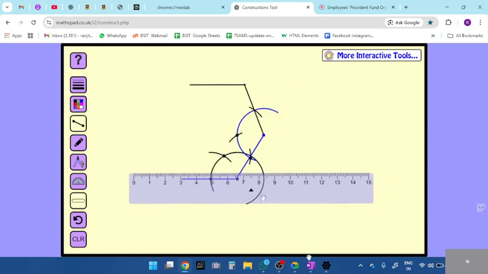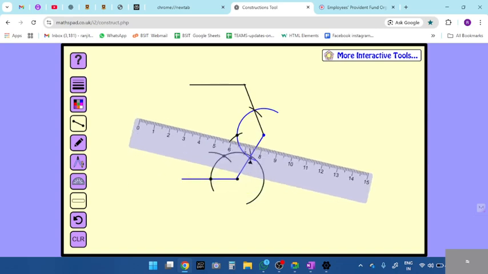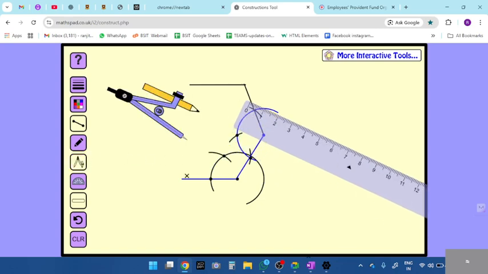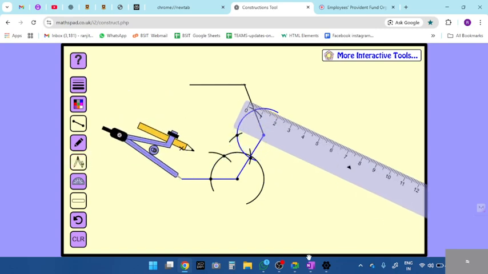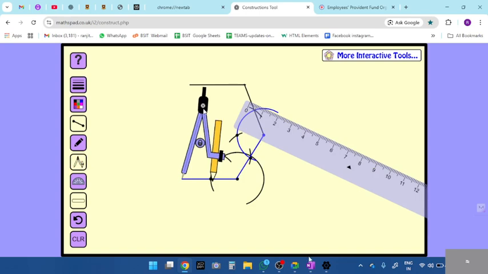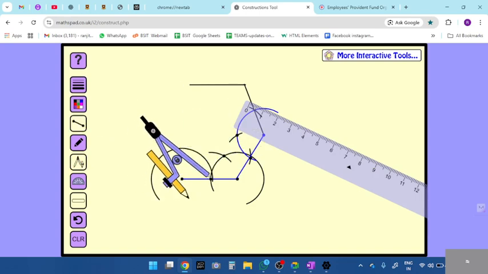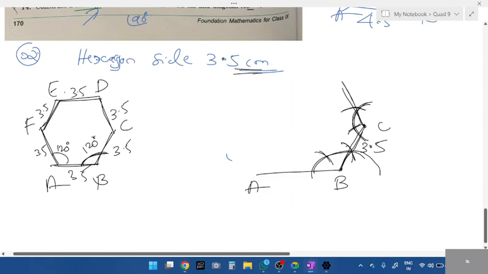Right? Then from here, do the same thing. How many degrees you have to construct here? This side, how many degrees? 120 degrees. And the process repeats. Until you get a hexagon, you have to keep repeating it. 120. Fine. I'll show a rough diagram here. 120. Look here. Continue from here. 3.5.